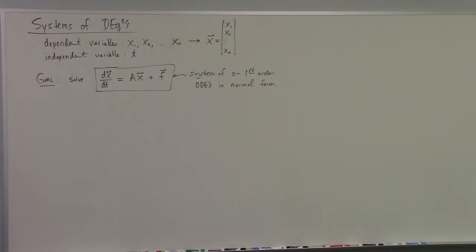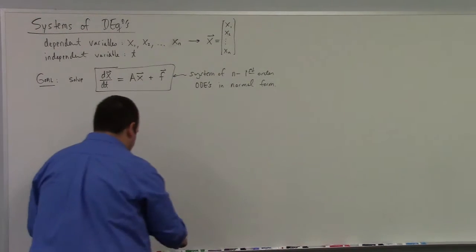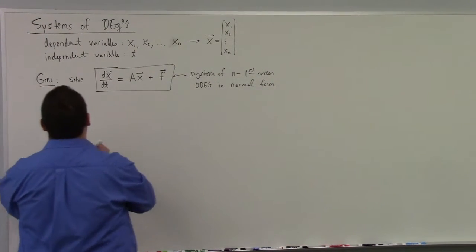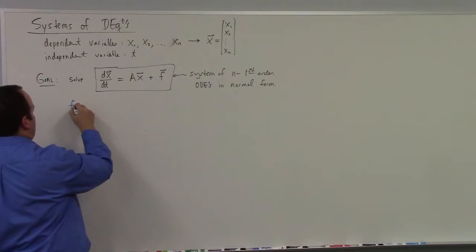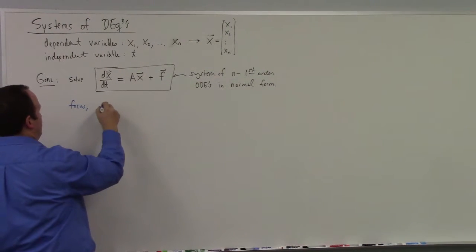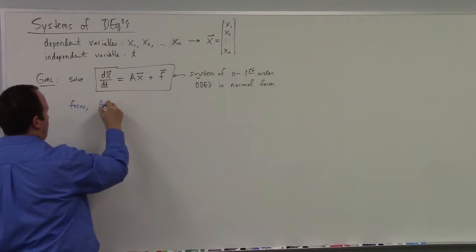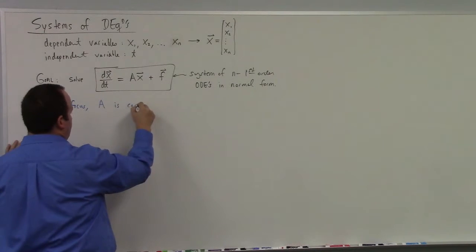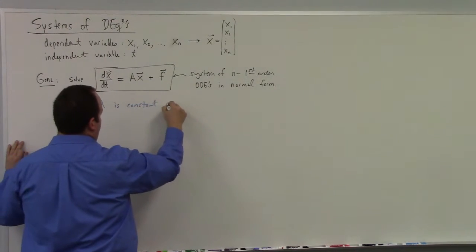Now, to be more honest with you, our goal is to solve that, but to be a little bit more specific, our focus for now, at least, is A is a constant matrix.